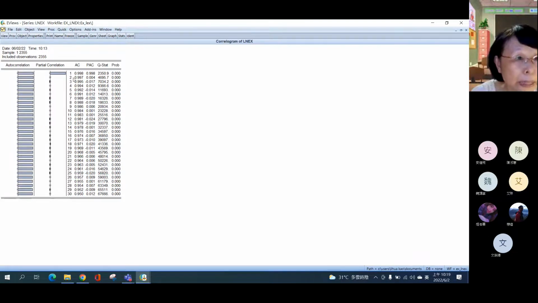If in your data it declines from lag 1 up to lag 10, and after that it turns out to be pretty close to 0, it means there is some autocorrelation for the first 10 lags, then after that the autocorrelation disappeared.